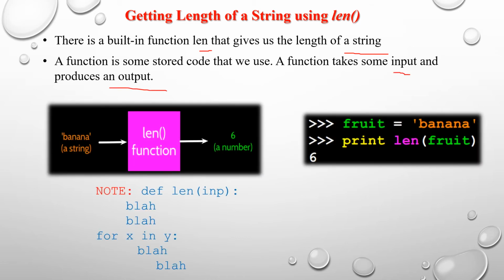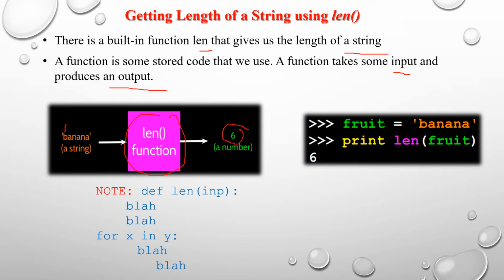So for example, here is the len function, and the input is banana. Banana is enclosed in single quotes; the class is string, so the input is a string. The function is len, and the output of the len function is 6. So the number of characters in the string is 6.